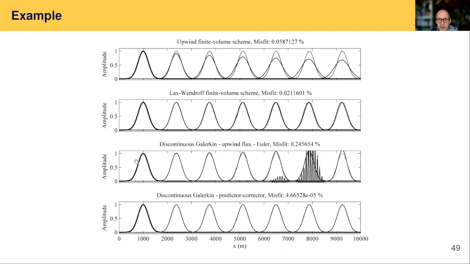And with the DG method, with the upwind flux term and Euler, so that's the same upwind scheme here, that's unstable. You can see that the solution explodes. But then with the so-called predictor corrector method, that's a Runge-Kutta type of time extrapolation scheme, suddenly the solution becomes really very accurate.